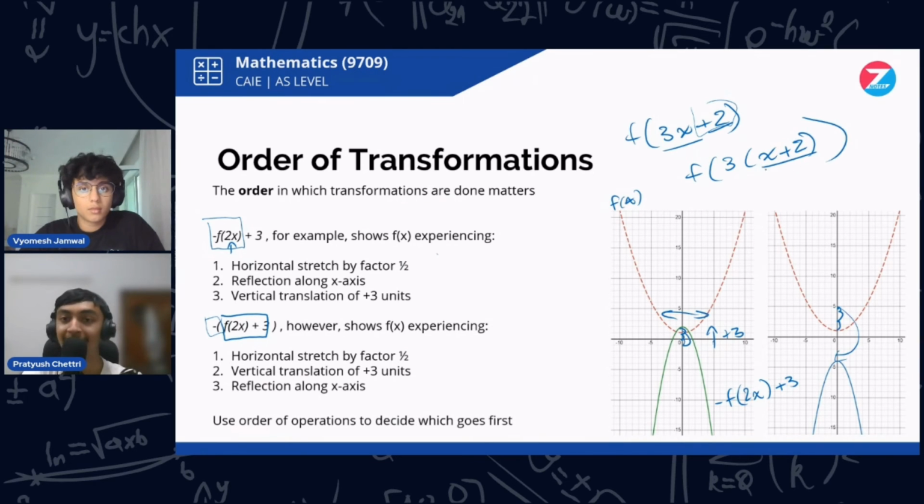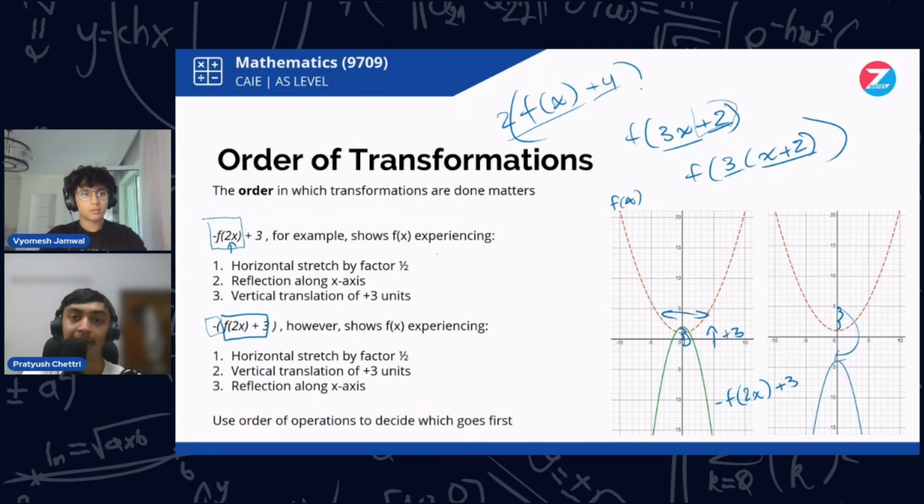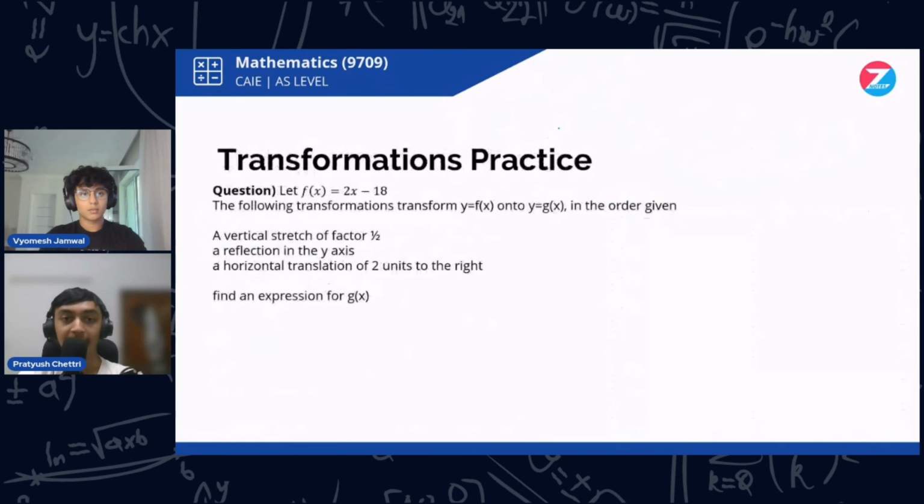First, you translate, and then you scale. Same thing outside the brackets. If you have 2f(x) plus 4, you first scale and then you add up and down. And same if you have brackets around it, then it changes it. You get the idea.